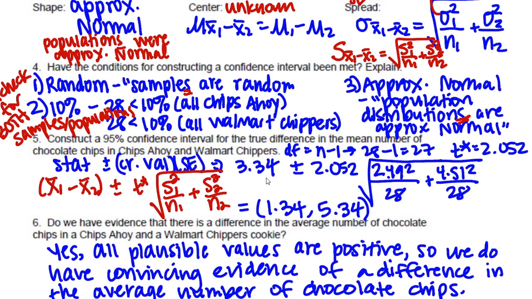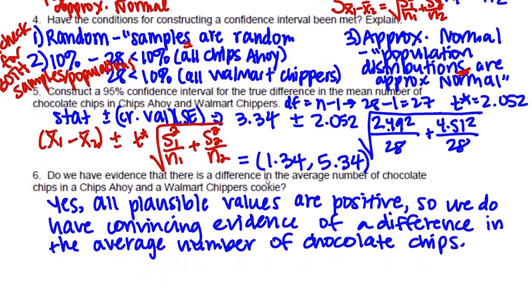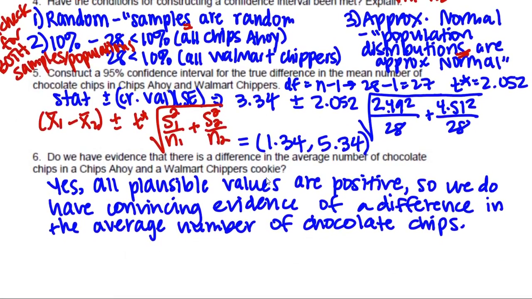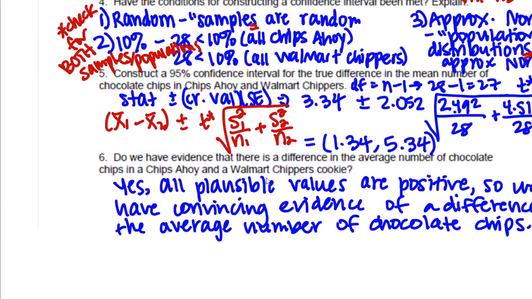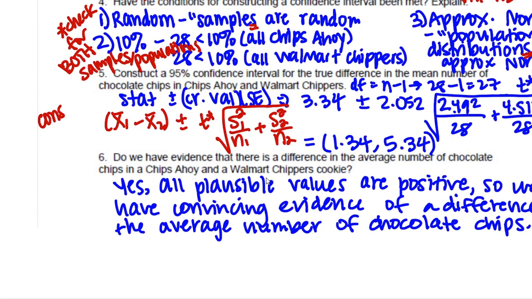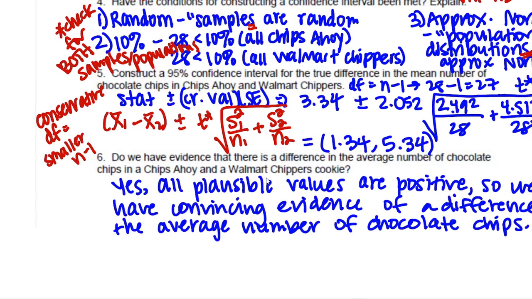So let's just write it over here. And that's when you take your smaller sample size minus 1. In this case, both sample sizes were the same. And so 28 and 28, the smaller one is 28. So I did 28 minus 1 to use 27. And this is the interval that we got.